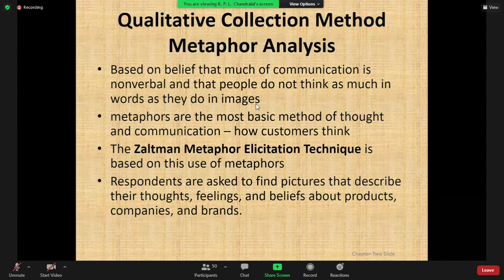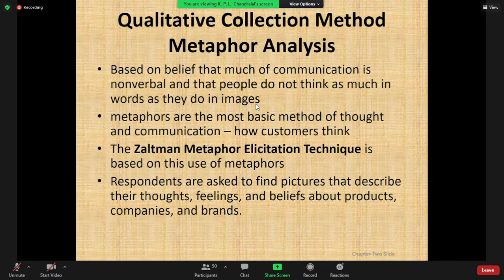Some marketing degree programs now include consumer neuroscience as a subject, but it's still not developed in Sri Lanka. But anyway, due to this recent development of neuroscience, today we know that in most cases we think in terms of images, not using words. It's a very interesting finding.